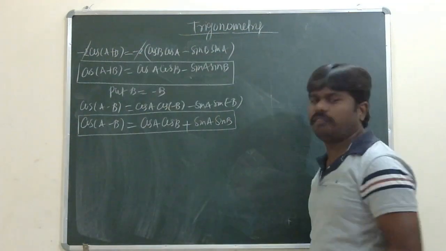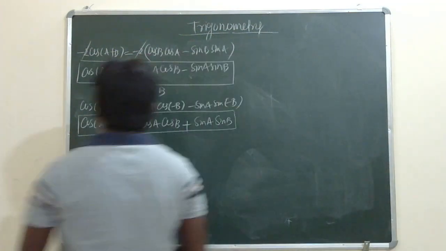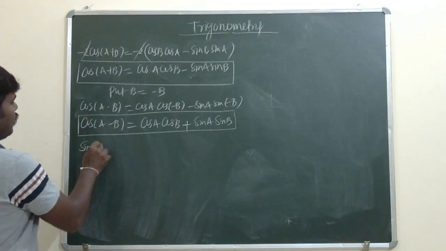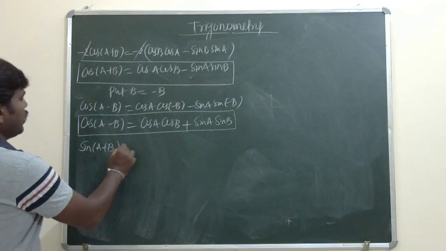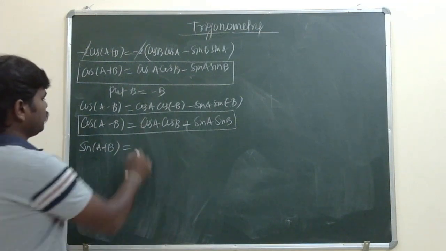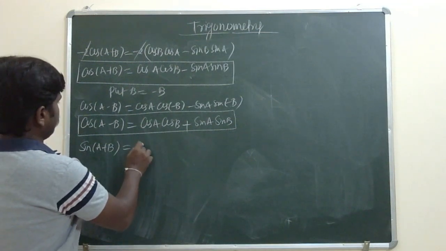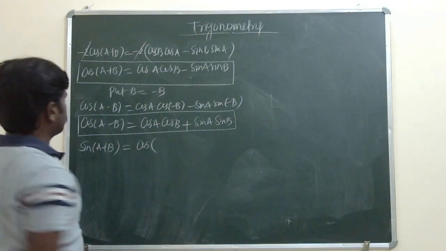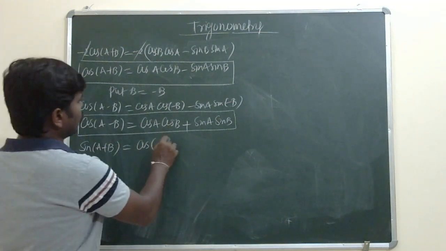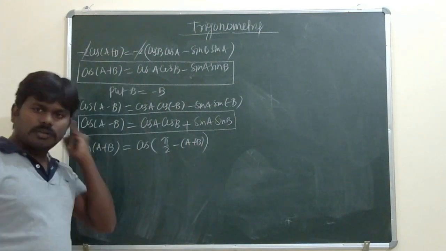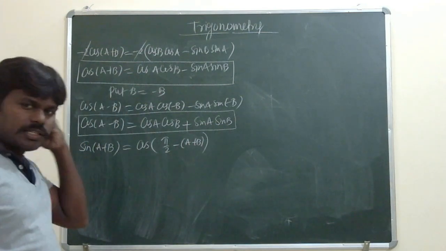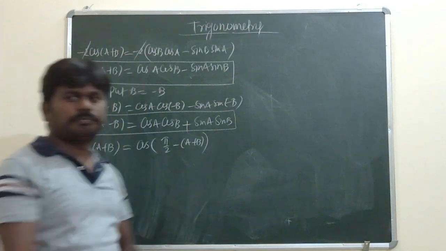Next we want sin. How can we write sin(a + b)? Here I am writing it using 90 degrees. So we can write cos of (π/2 − (a + b)). As we know that cos(90 − θ) is nothing but sin θ, cos of (π/2 − (a + b)) gives sin(a + b).